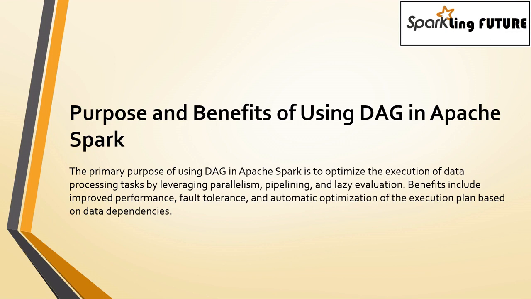Optimization is the main usage for which we as developers use the DAG: how the transformations flow is happening for any job, and whether there is scope for optimization. That's where we mainly concentrate on the DAG.